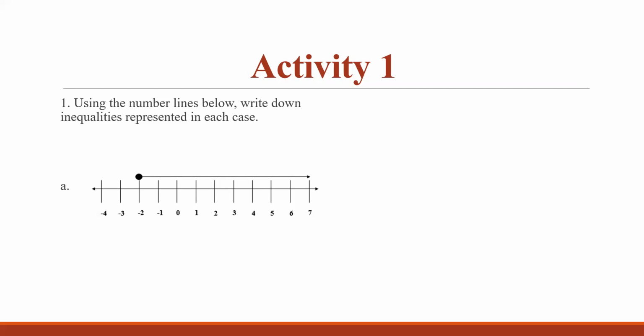This bold circle means that negative 2 is also included. So when you're writing, we say that it is X. You can use any other unknown, you can use Y. So you can say that X is greater than.